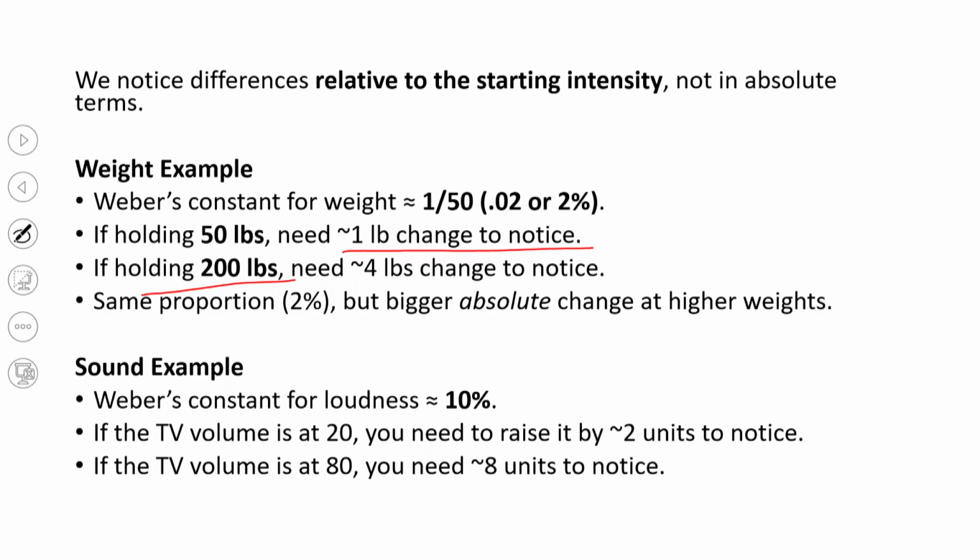Accordingly, from this formula we can say we need a 4 pound change to notice it. So, that is a constant proportion. For 50 pound, a 1 pound change is required for the difference threshold. For 200 it will be 4 pound. So, proportional: for 51, 102, 204. From that formula we can detect the minimum noticeable change that is required.